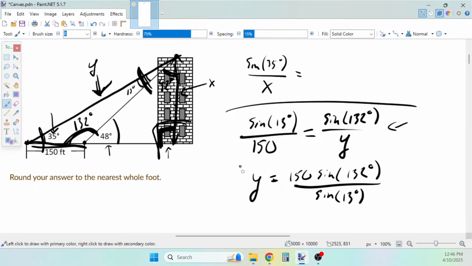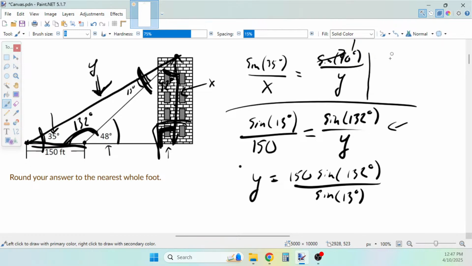That'll be the y value. Then we can use it here: sine 90 degrees over y. Now, sine of 90 is 1, so 1 over y equals x.